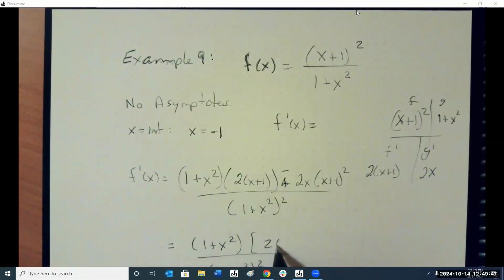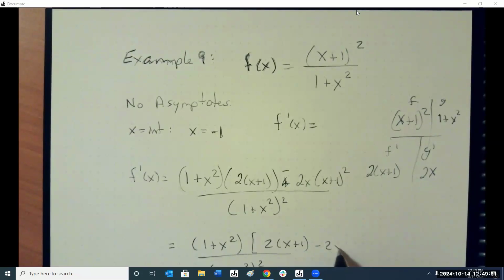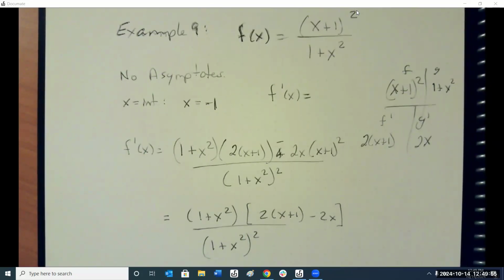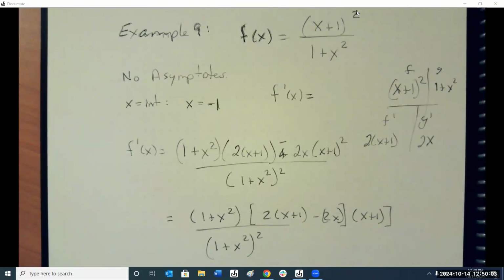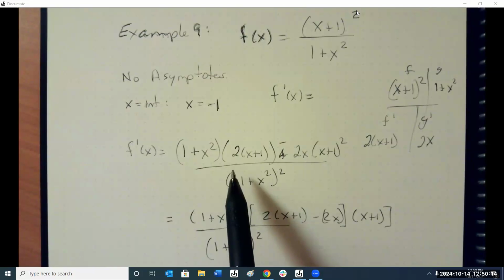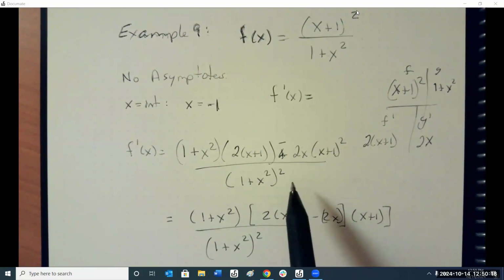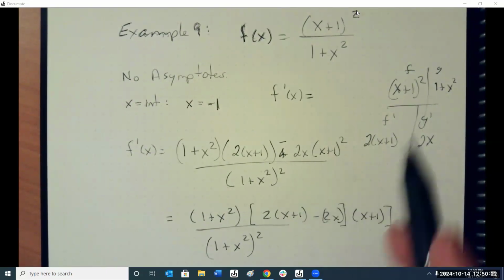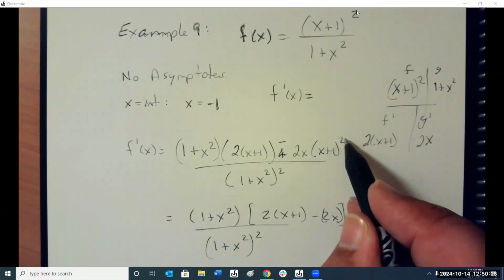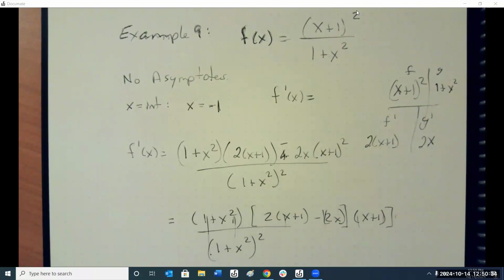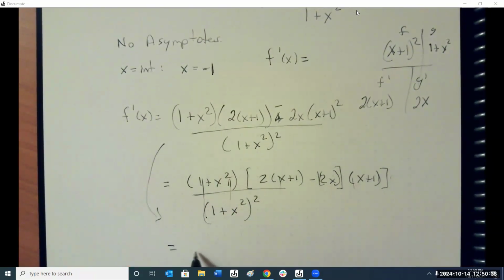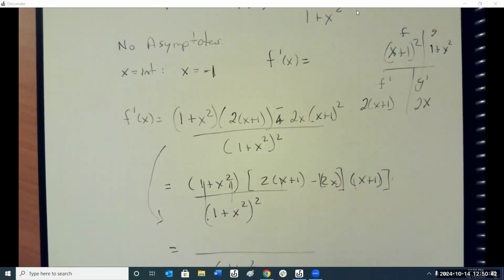So it leaves me with 2x plus 1 minus 2x times x plus 1. That's an x plus 1 squared.